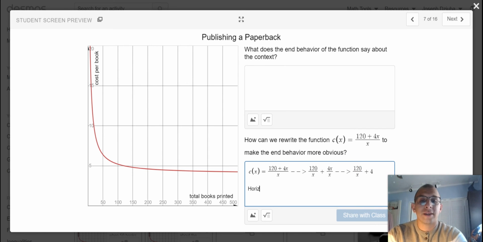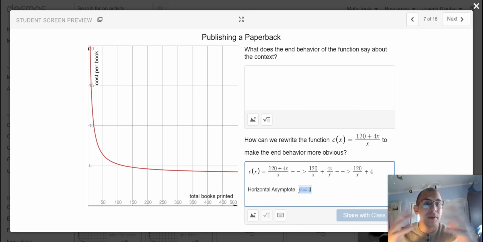So then we define the horizontal asymptote to be the remaining constant value of y equals 4, which means that if I printed 1 million books, it would wind up costing me around $4. However, it doesn't matter how large my value becomes, the amount I would ultimately wind up having to pay, base value, is $4. Try 10 million, 100 million, 1 billion, and I guarantee you that the value will never drop below $4 per book.